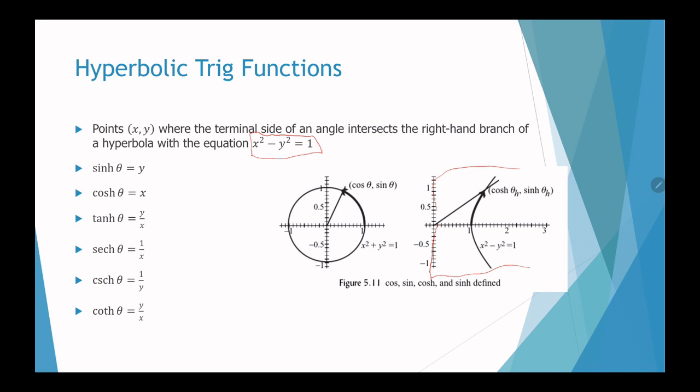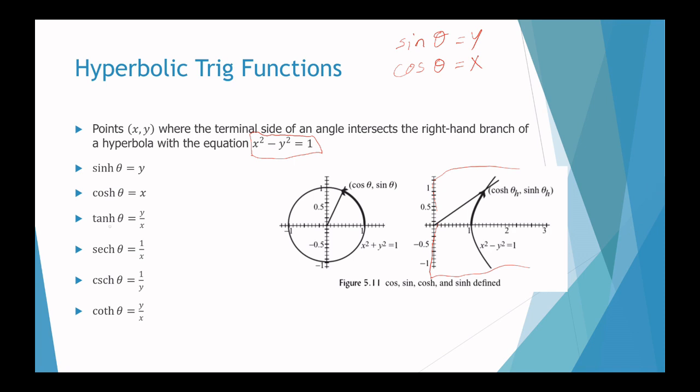Well, we know from our trig that sine of theta is equal to my y value, and cosine of theta is equal to my x value. So that's true. Nothing changes there. In fact, you're going to find that most of these don't change.